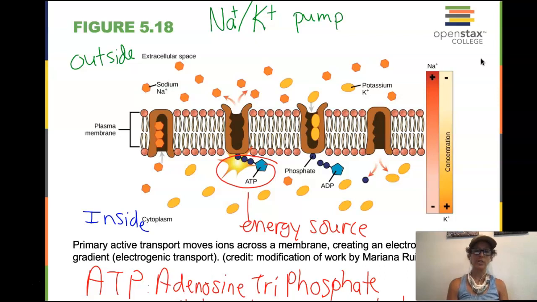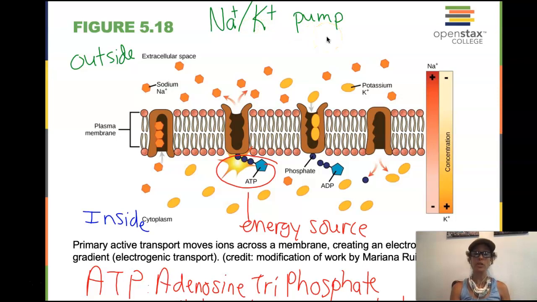There's a lot going on in this slide. This is an example of primary active transport. It's active because we have to provide energy. We have to provide energy because we are going to be moving particles against their concentration gradient. So this is the sodium-potassium pump.